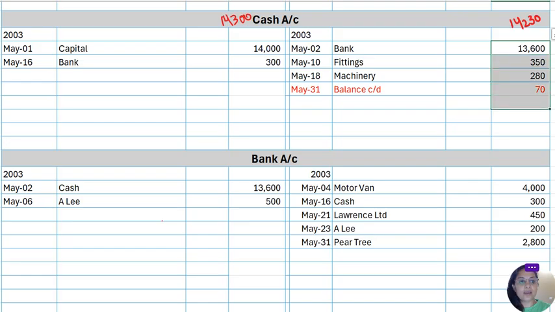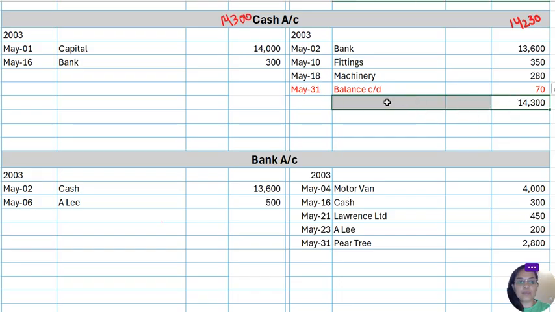Now add both sides and remember, put your totals in the same row. So we have 14,300 on both sides, on the debit and credit side. Why? Because there's a carried down balance of $70, which means you have cash in hand of $70 at the end of May 31st.